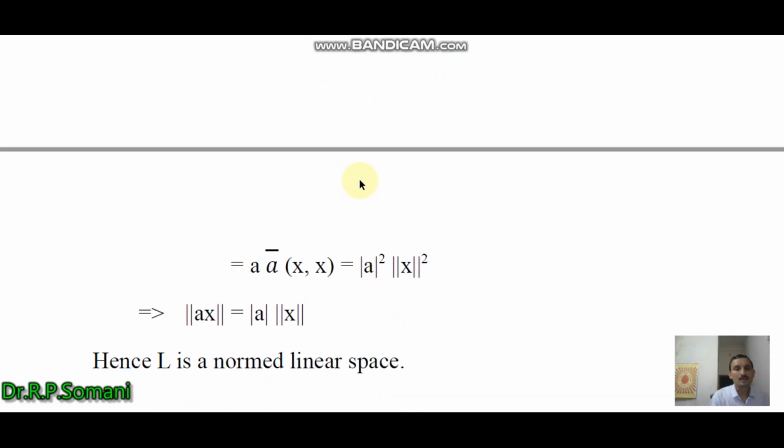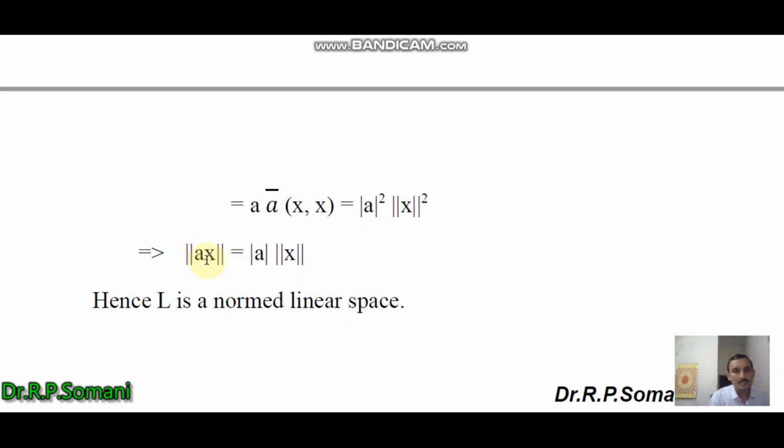By the property above, we can take a outside, then a bar from the second part, so a bar a (x, x) equals the modulus of a squared into ||x||². Therefore this implies ||ax|| = |a| ||x||. So we have proved all four conditions of the norm. Therefore each inner product space is a normed linear space.